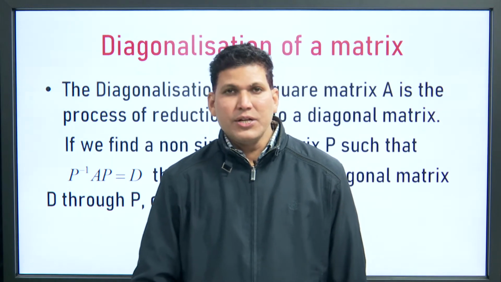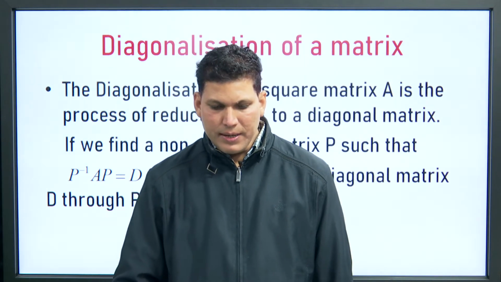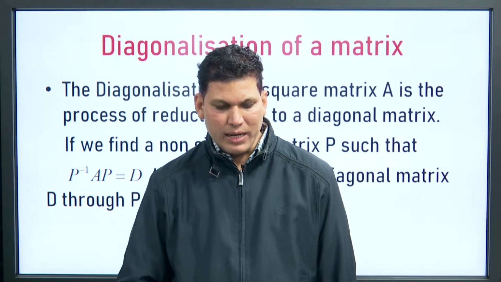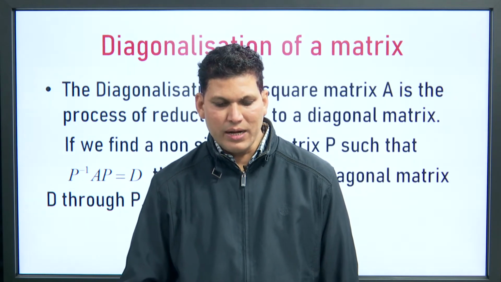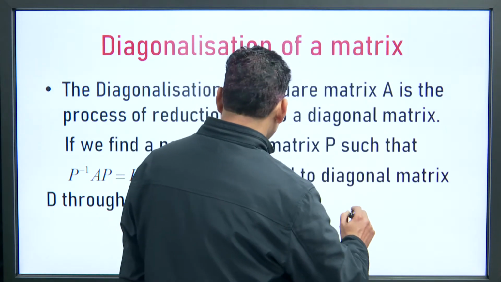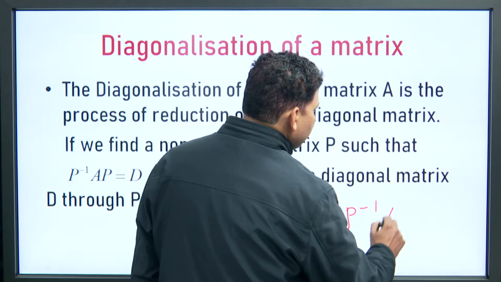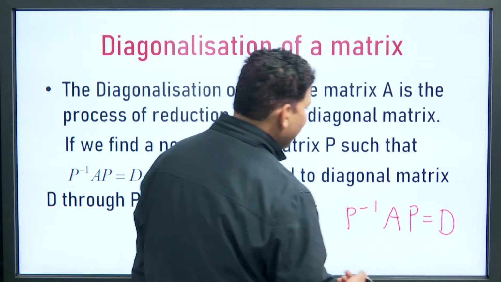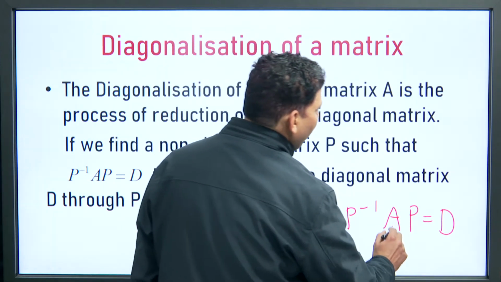Diagonalization is a process of conversion or reduction of a particular matrix into diagonal form. If we are able to find a non-singular matrix P such that P inverse AP equals a diagonal matrix, then we can say that the matrix is diagonalizable.